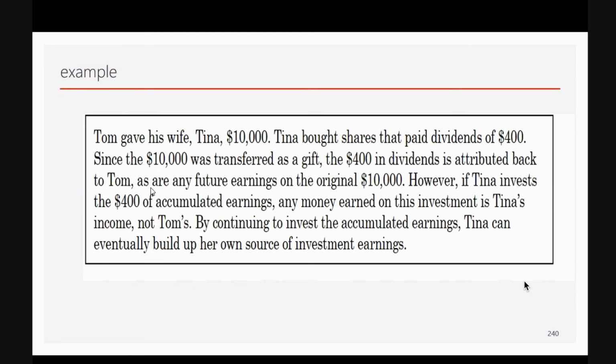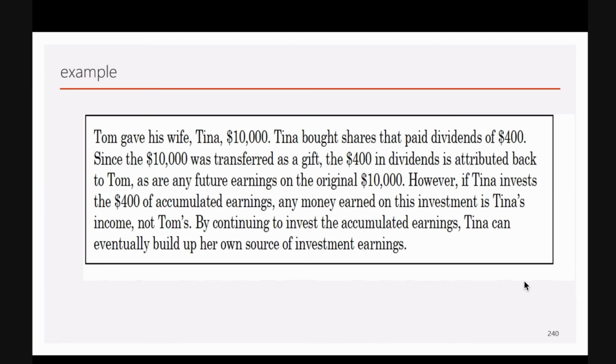Then any future earning on the original 10,000 is attributed too. This year the dividend for 2021 is 400, but next year it is probably another 400 or 500.